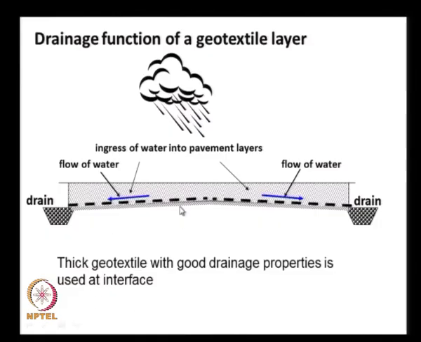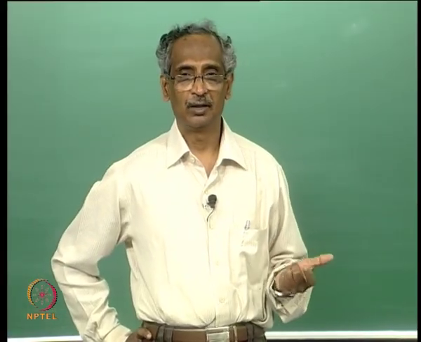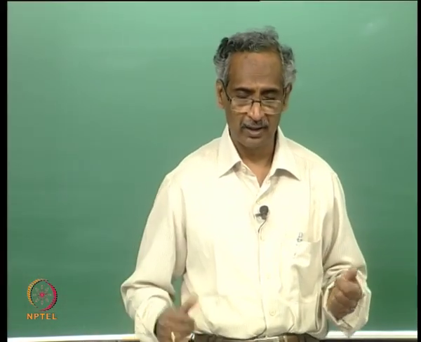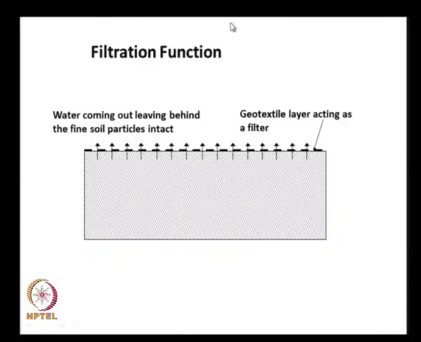To prevent the rainwater from entering the subgrade, we can provide a good drainage layer and lead the water into some side ditches or side drains. So, we will see how to design the geotextile to serve as a drainage layer in some other lecture. And here we see the filtration function of a geotextile.